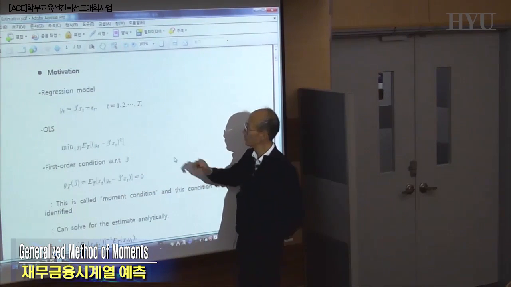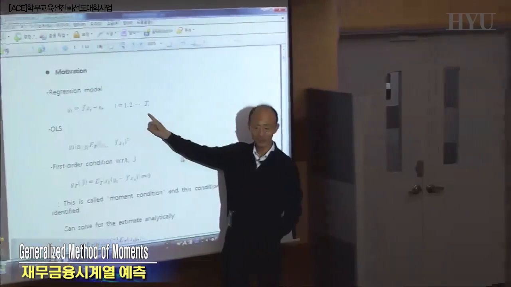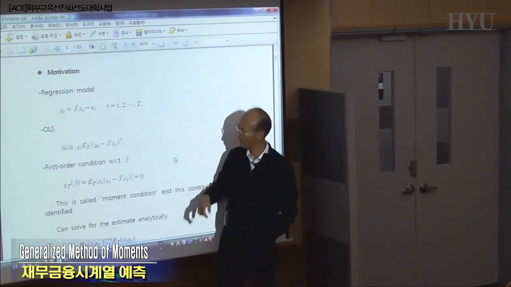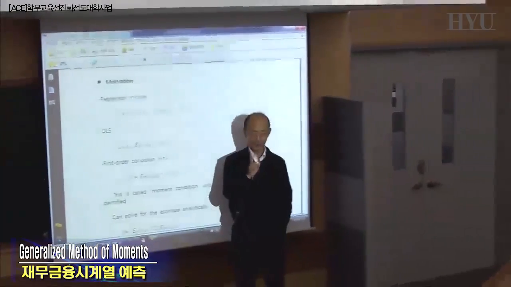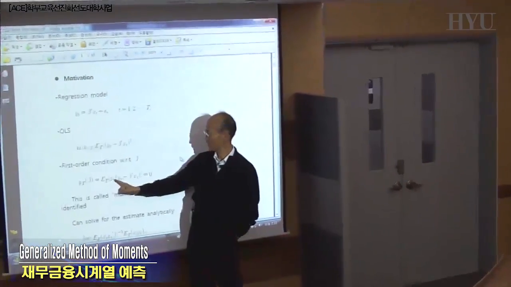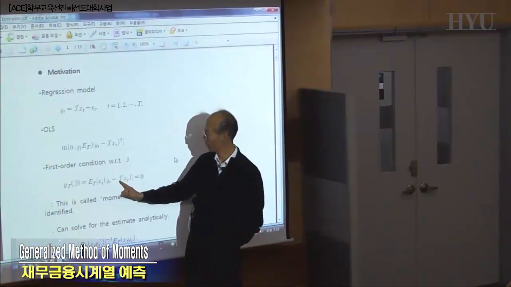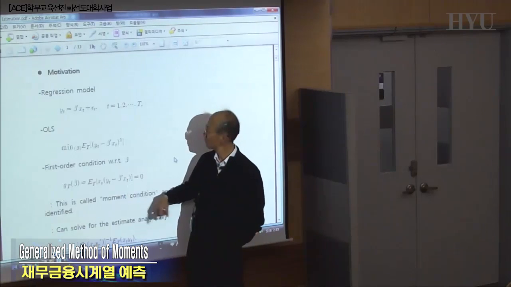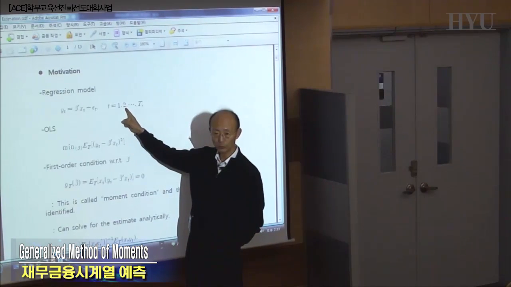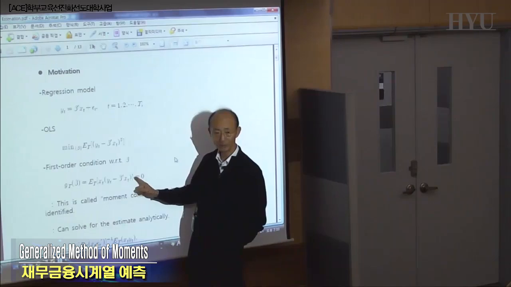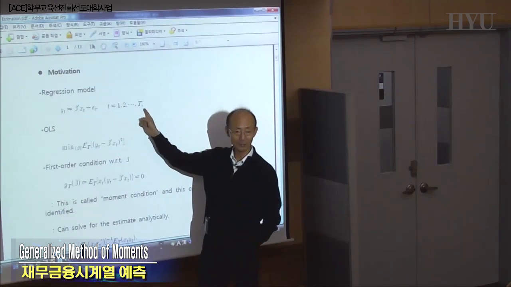So we have a sample size from 1 through capital T. At small t equals 1, you have data, so unknown parameter and data. At t equals 2, you have another one. So you have capital T of them.